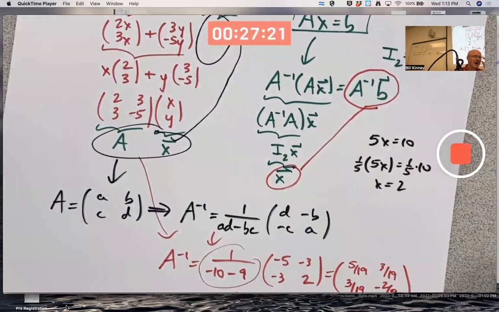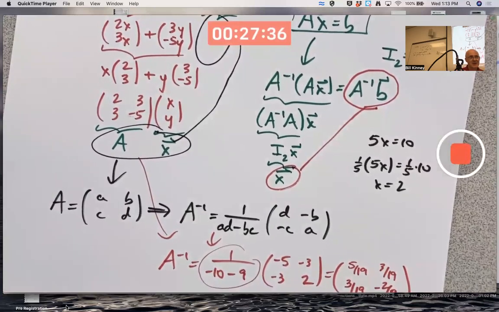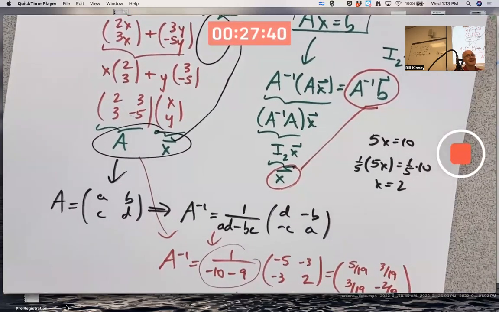Here's a thought for your future. There's a subject called numerical linear algebra, which is coming up with algorithms for solving very large dimensional systems, like systems 1,000 by 1,000, say 1,000 linear equations and 1,000 unknowns. They do come up in real life applications, industrial applications.